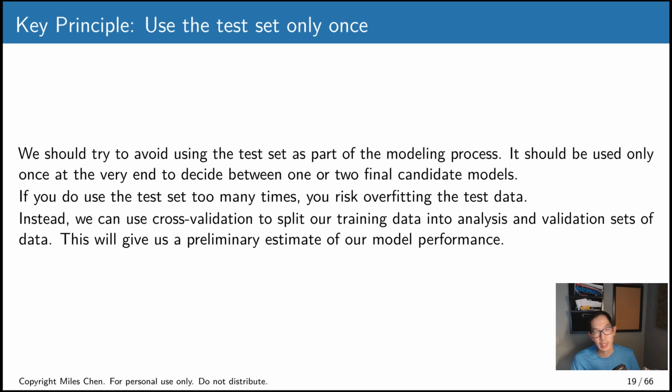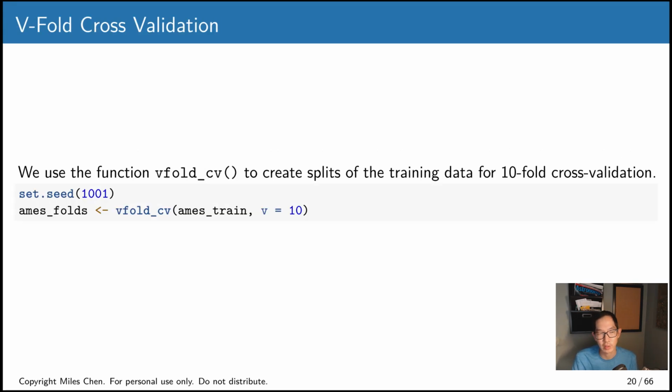Then you can refine your models while doing cross-validation with the analysis and validation sets, and you'll say, all right, these are my finalist models. With the finalist models, you test them out on your test data, and you say, I think this one's the best one. That would give you a preliminary estimate of your model performance.